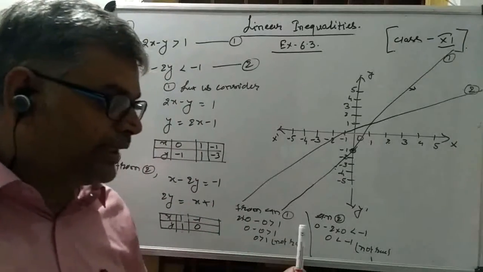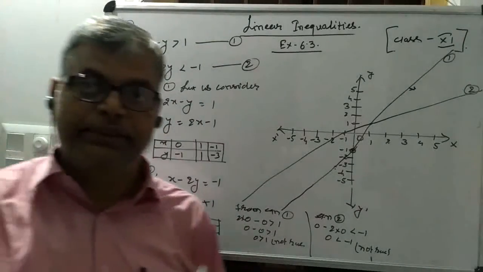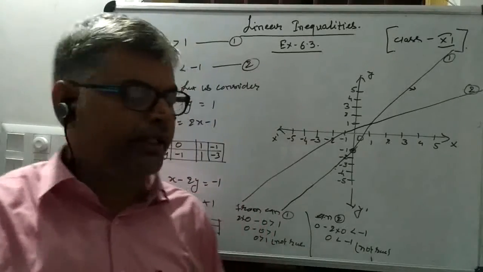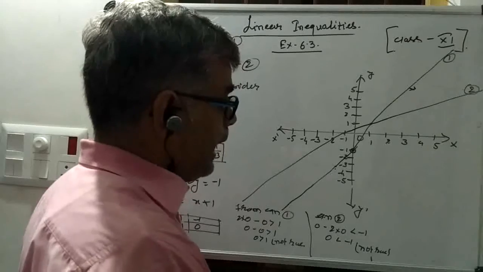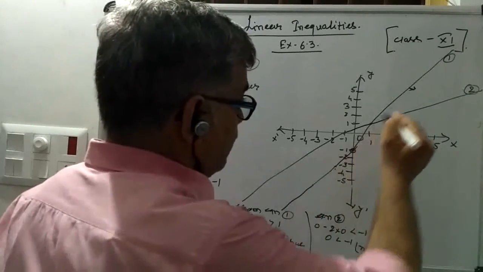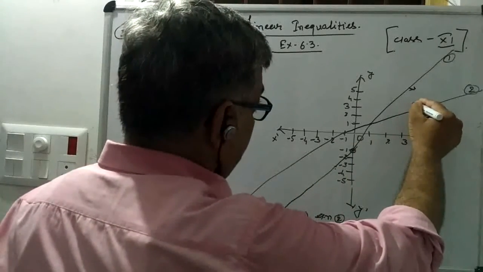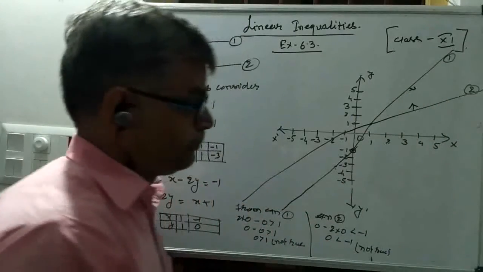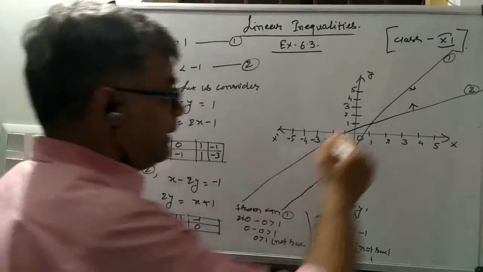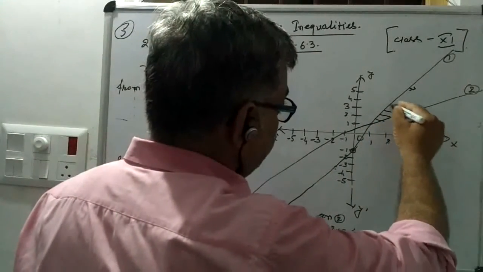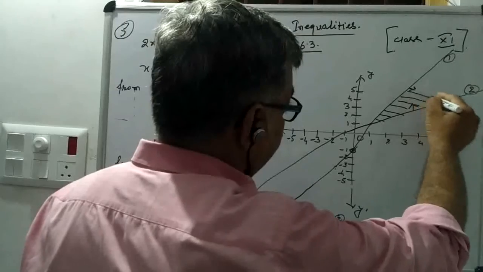So again we have to take the upper half of this line. It means this is the area which we got common between them.